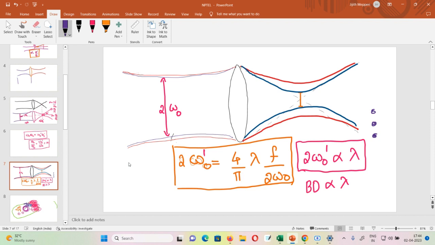Why you may hear about the electron microscope, scanning electron microscope or transmission electron microscope. What is the good thing about this electron microscope? It will give very high resolution.